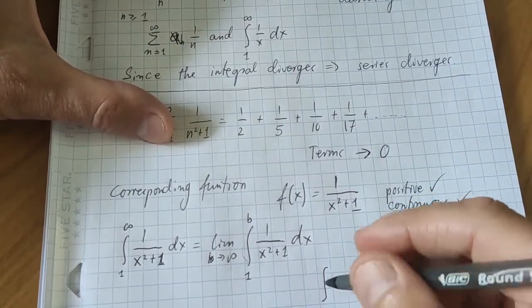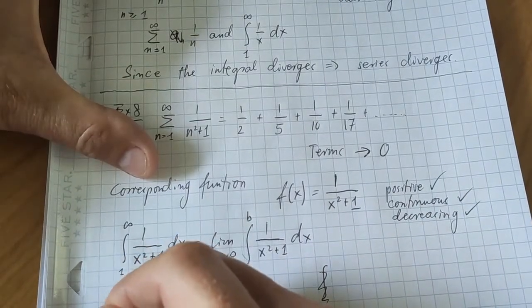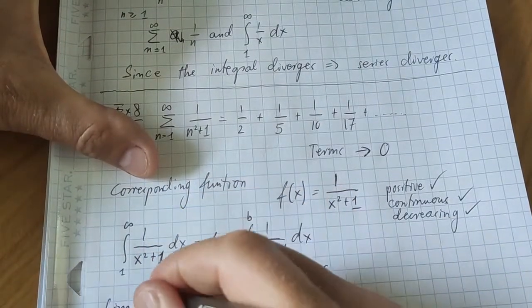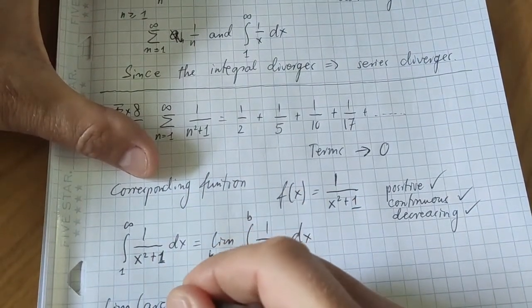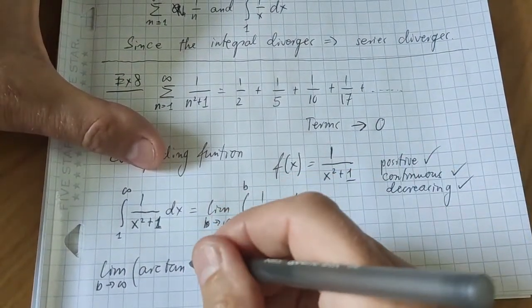So as b goes to infinity, I have my arctangent with limits of integration 1 and b.